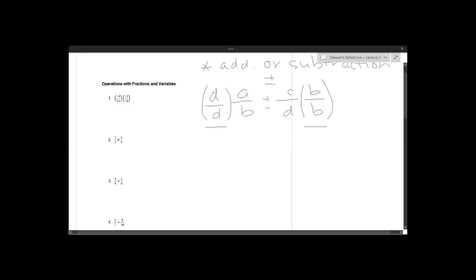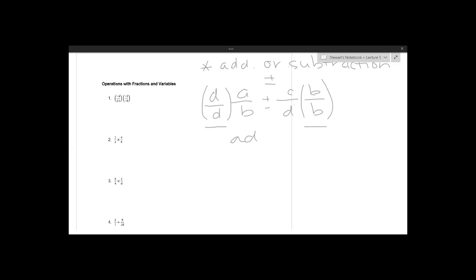So if we multiply d and a together, we're just going to have ad, and then b and d together, we're going to have over bd. Then we keep this plus or minus. And then similarly over here, we're going to have bc over bd. When you're adding or subtracting fractions, I know it seems weird, but you're only going to combine the numerators, and the common denominators stay the same, which is why you need a common denominator.